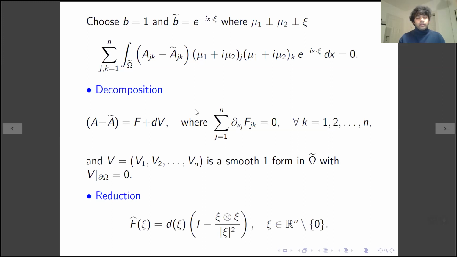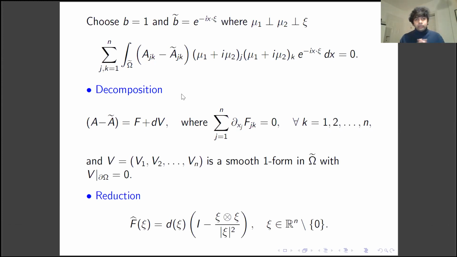And then you choose different choices of mu1 and mu2, not only mu1 and mu2, but also minus mu1 and minus mu2. You play with this, and then you also apply this other one.